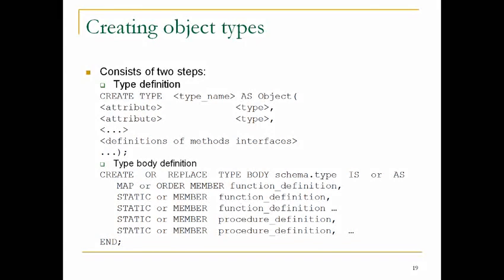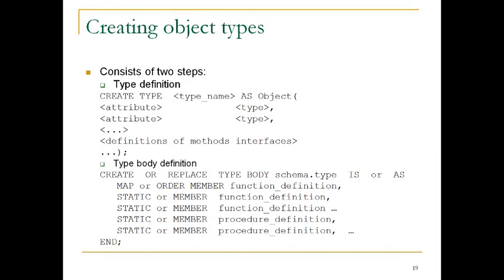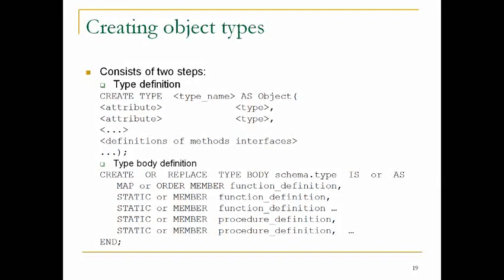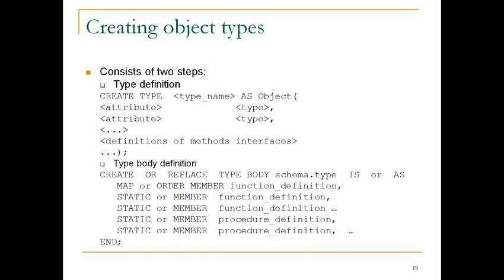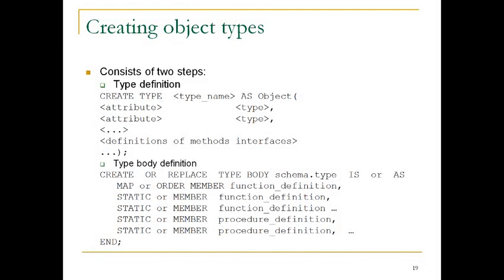So, going to more practical things, more connected with your practical labs, how can we create these types? If you remember how we create a table, then the create type initially is very similar. Create type name as object. This "as object" specifies that this type will be an object type.